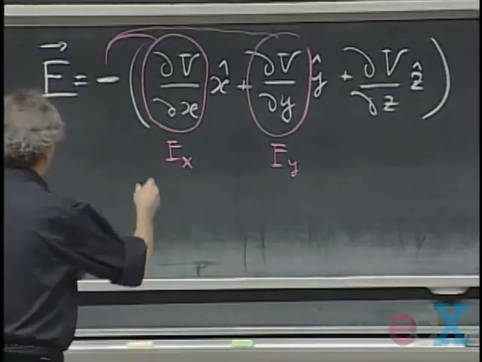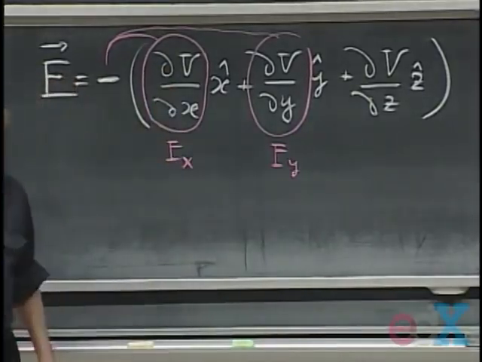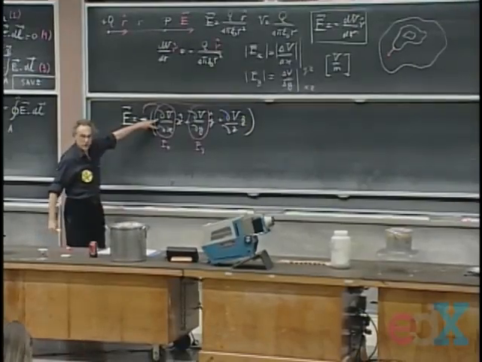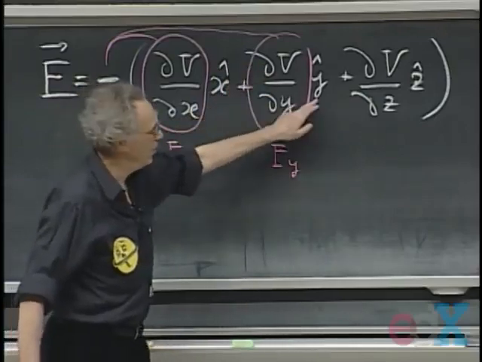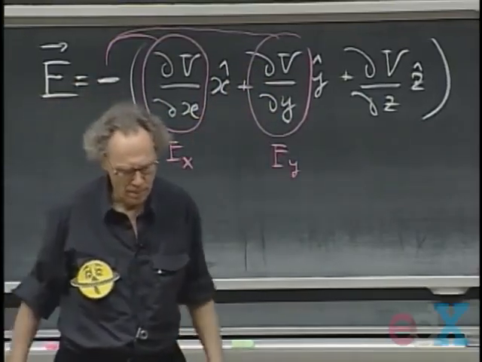And the fact that you see these curled d's means partial derivatives. That means when you do this derivative, you keep z and y constant. When you do this derivative, you keep x and z constant, and so on.